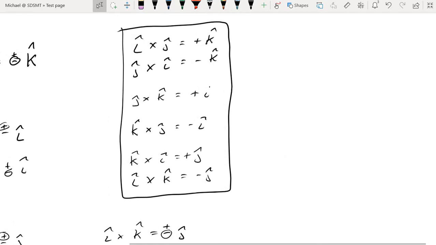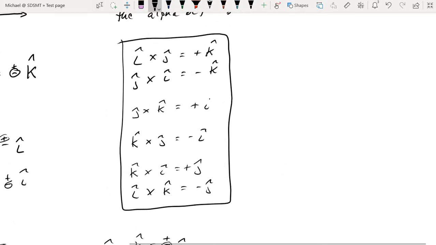Now, one final thing to consider, what happens if one or more of your cross product values has a minus sign associated with it? So what if I had a component that was in the negative I hat direction, and I want to take the cross product of it with something that's in the positive j hat direction?